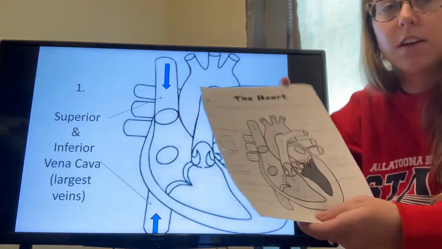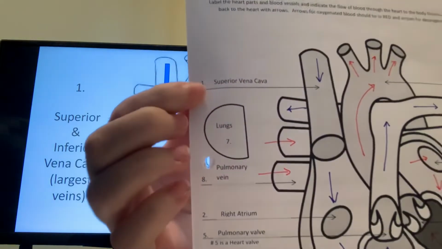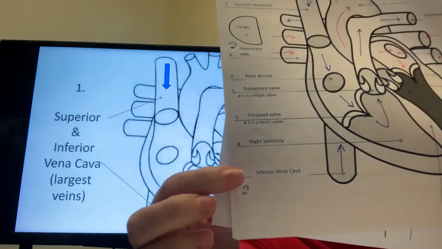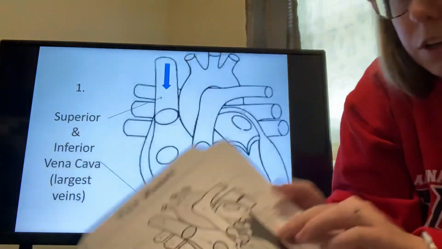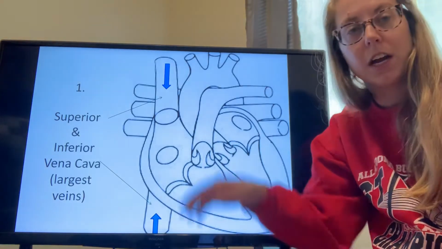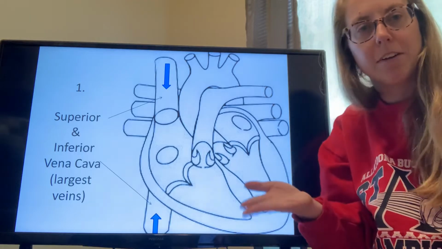You have the superior, which is at the top, and inferior, which is at the bottom. Those are both going to be labeled number 1. So, superior, top of the heart, inferior, bottom of the heart, vena cava.